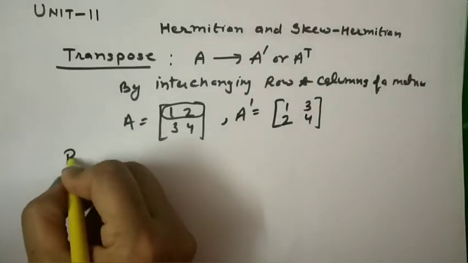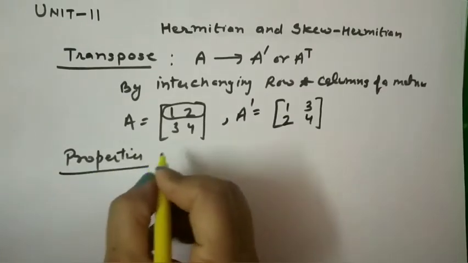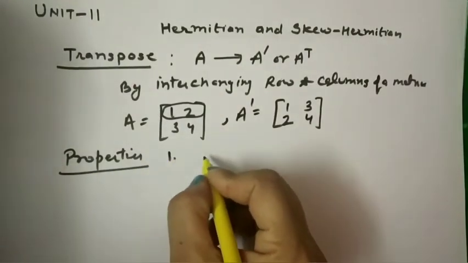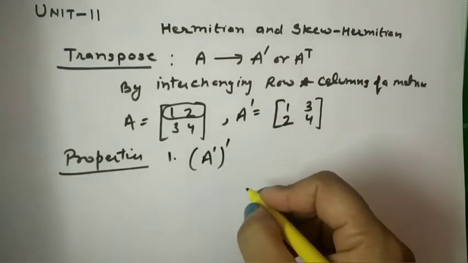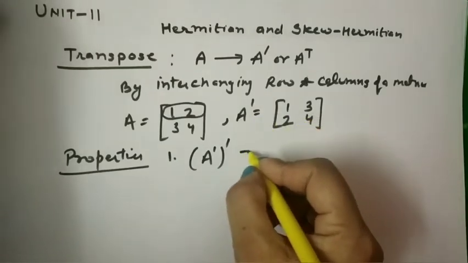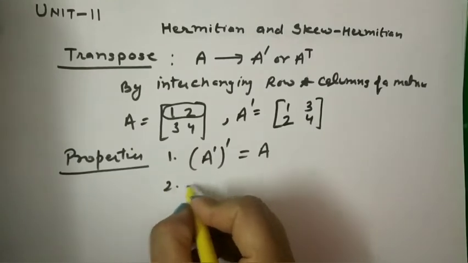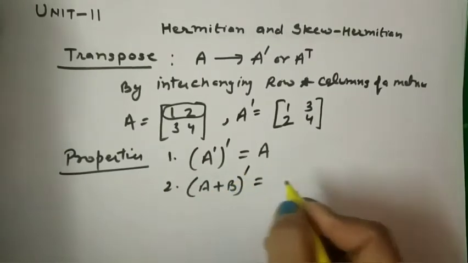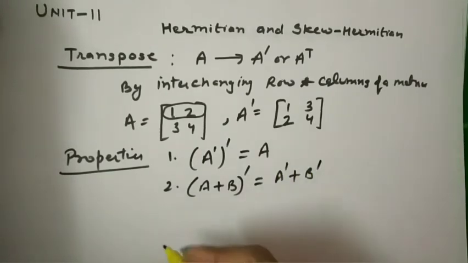There are a few properties of transpose. First is, if you take the transpose of a transpose, that means if you take transpose twice, then it will be itself. The matrix will become A. Second property, if you have the sum of two matrices and you apply transpose, then you have A transpose plus B transpose.